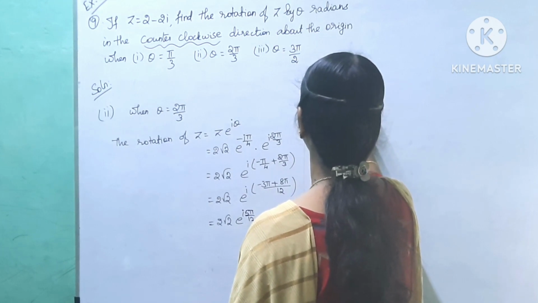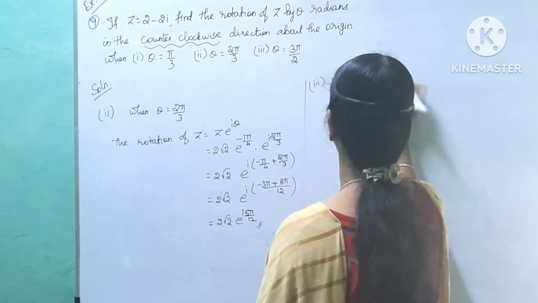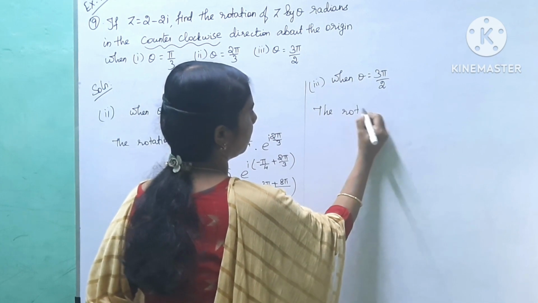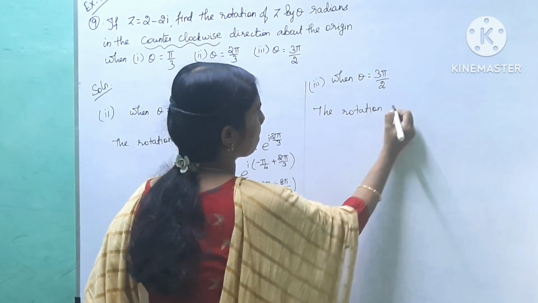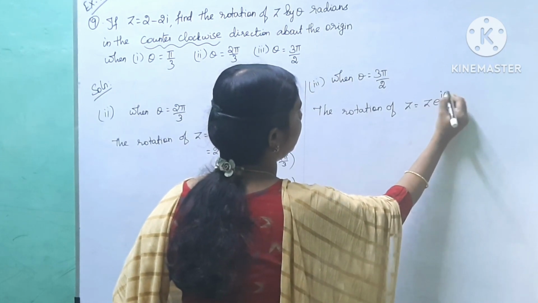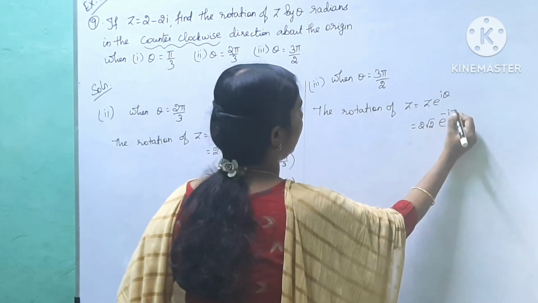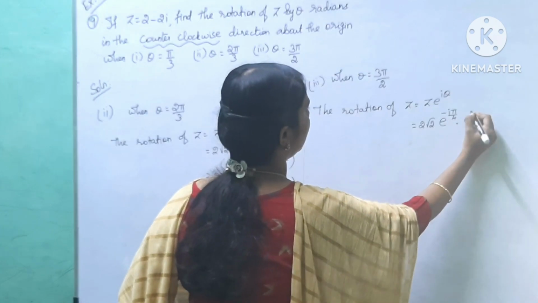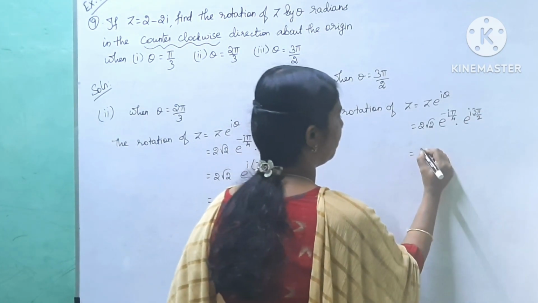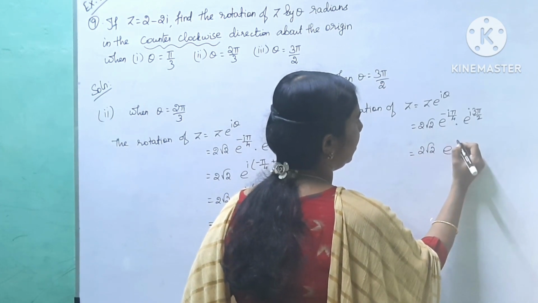Third subdivision: when theta is equal to 3 pi by 2, the rotation of z is equal to z into e power i theta, that is equal to 2 root 2 e power minus i pi by 4 into e power i 3 pi by 2. Since the e powers are multiplied, we can add the powers by taking e common.